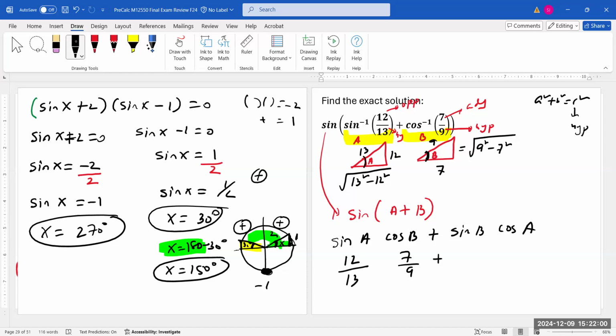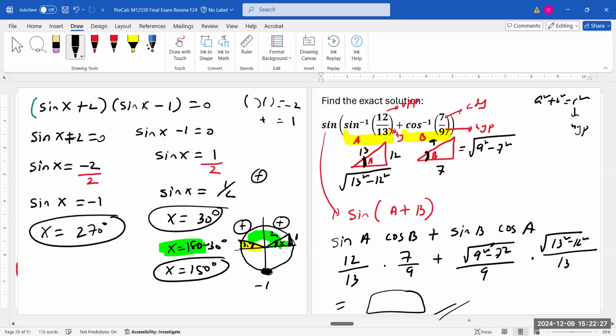Now in B, sine is opposite over hypotenuse, so opposite is the square root of 9 squared minus 7 squared, and our hypotenuse is 9. In the A triangle, cosine is the square root of 13 squared minus 12 squared over the hypotenuse. Whatever you have after simplifying, that's the answer. So multiply these, and that's it.